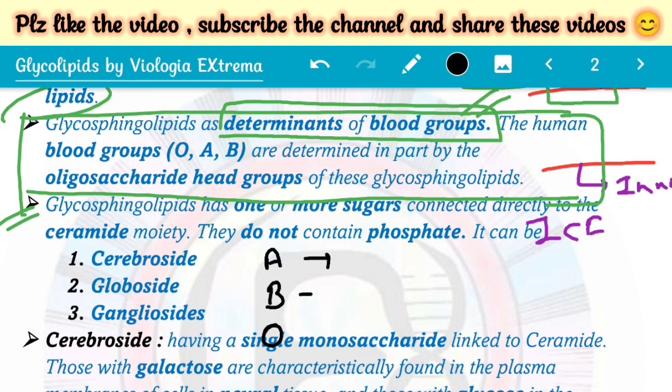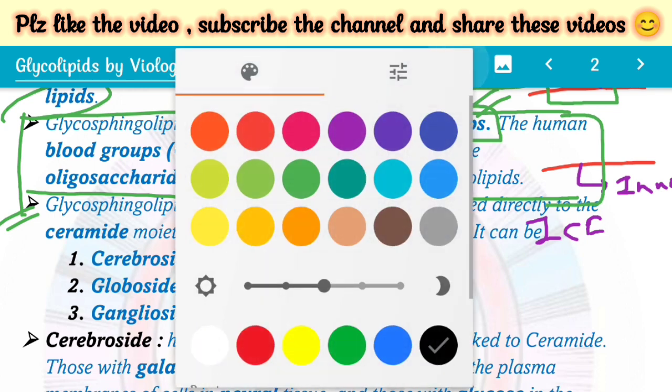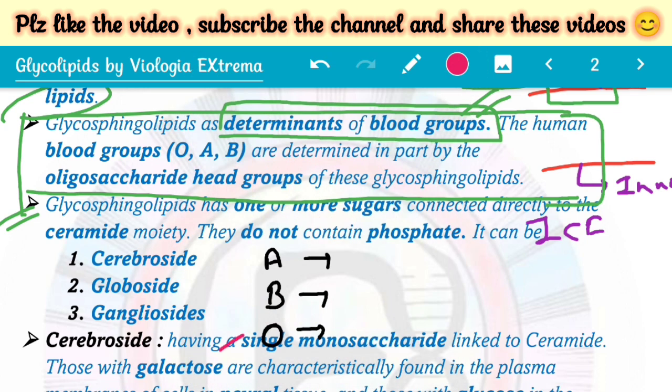The H antigen is going to be compulsory. So in the O blood group, H antigen is going to be present. Now in the A blood group, there is some modification in the H antigen.